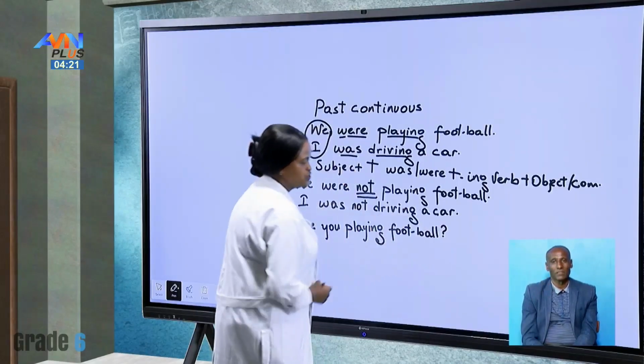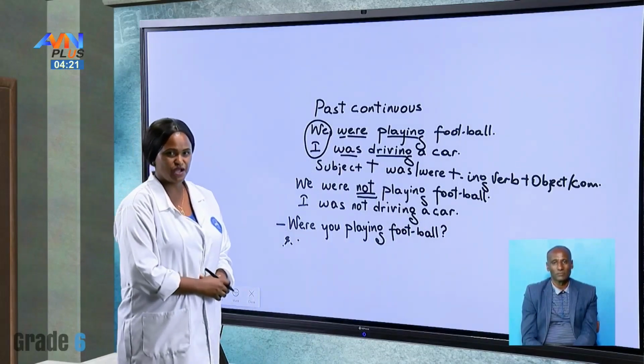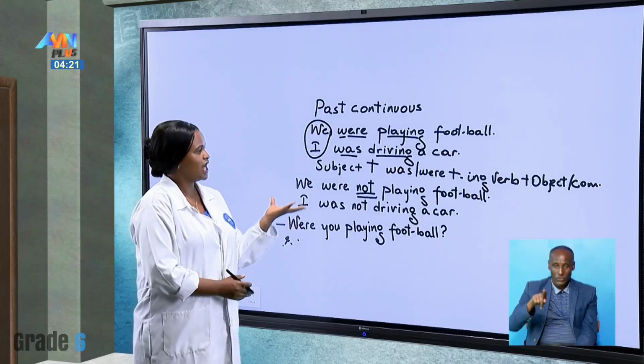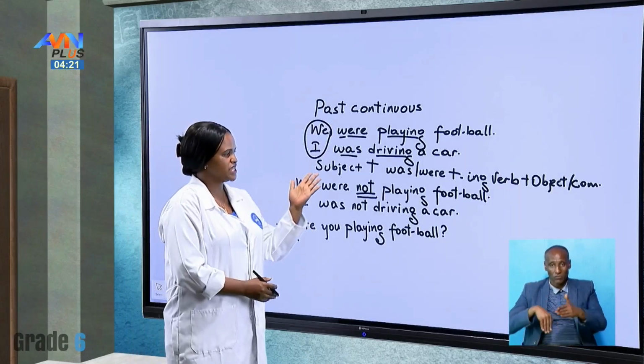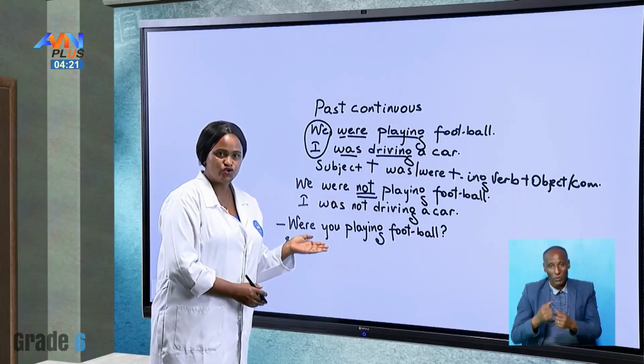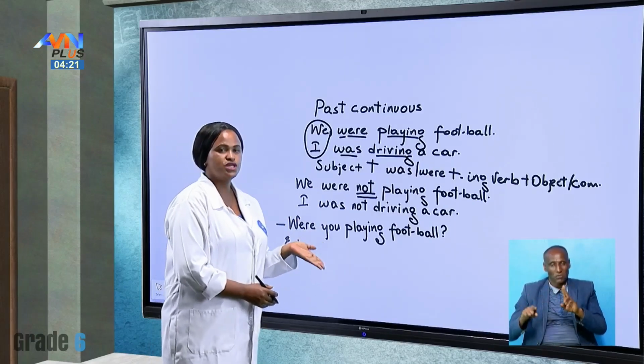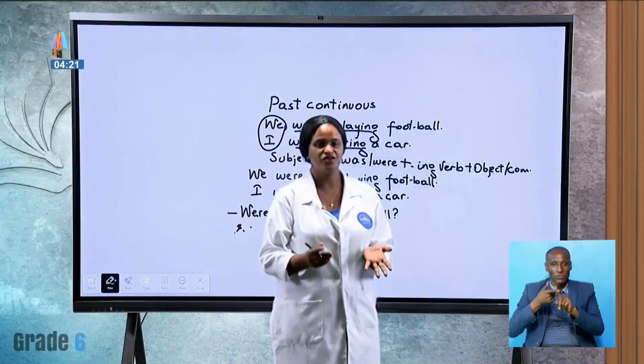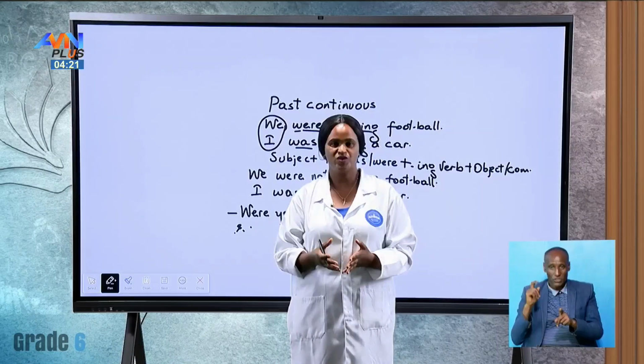Then question mark. Were you playing football? This is how we can change a positive sentence into negative, and then how we can construct an interrogative or yes/no question sentence. This is all we have learned last week.